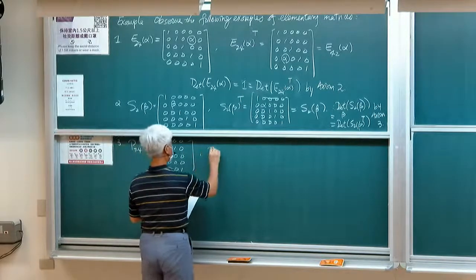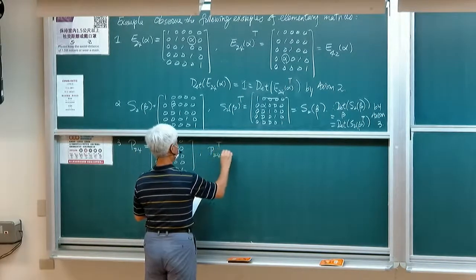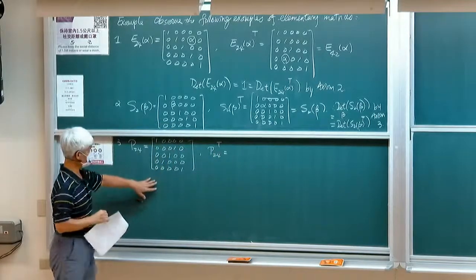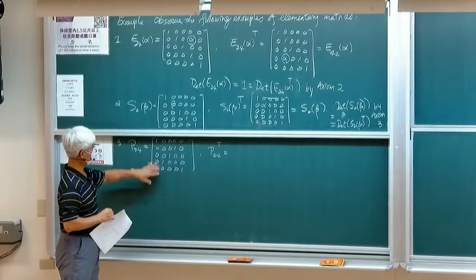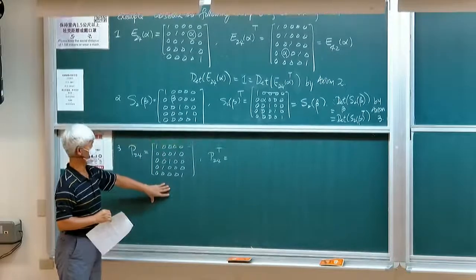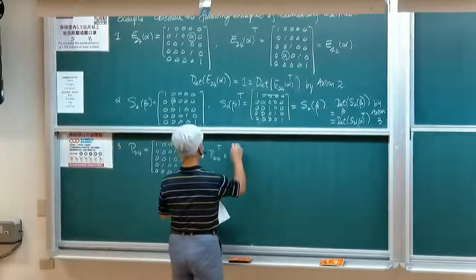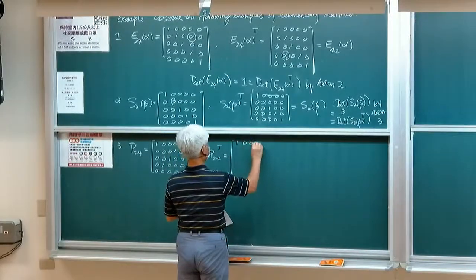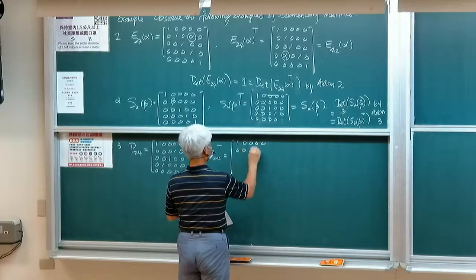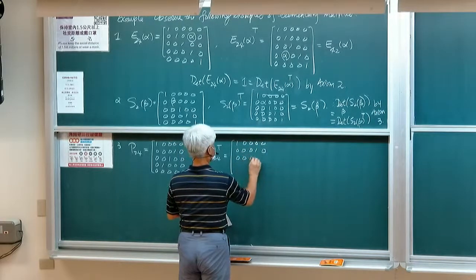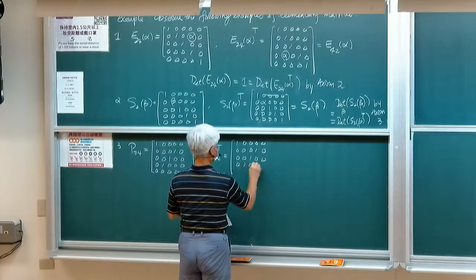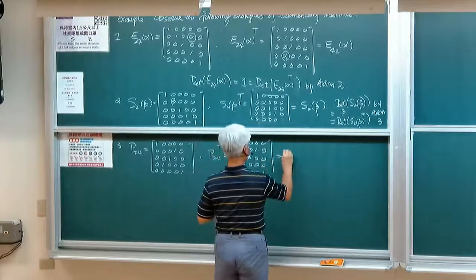Okay, and when you look at its transpose, you can see this matrix is already a symmetric matrix, so the transpose would be the same. So this is P24.